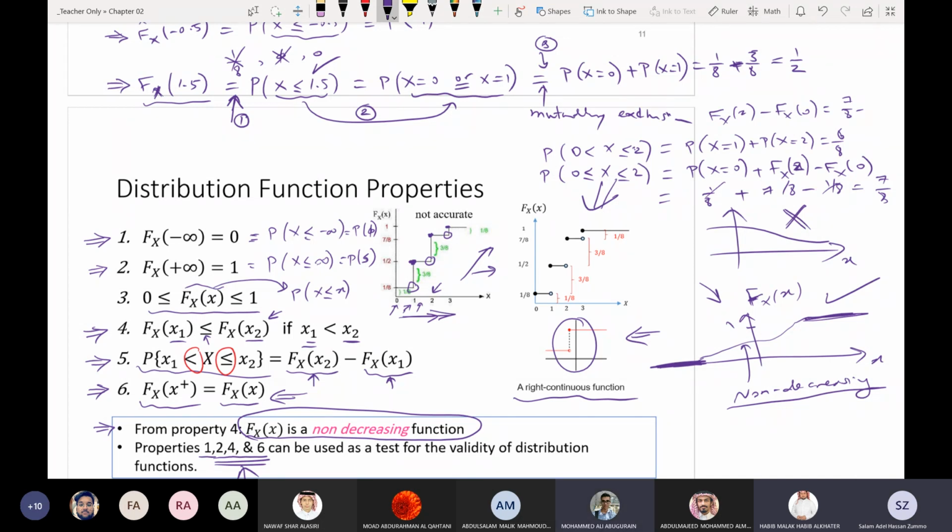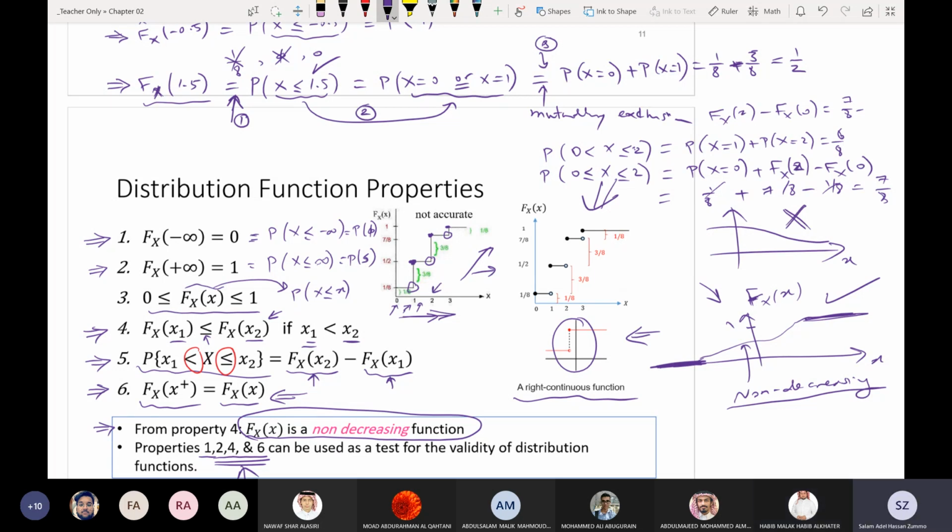You wrote it I think differently because I think we should just subtract fx of 2 minus fx of 0. But you did it as in the probability of x equal 1 and probability of x equal 2, which is the same answer. Yeah, هو المفروض كله يعطيني نفس الانسر.